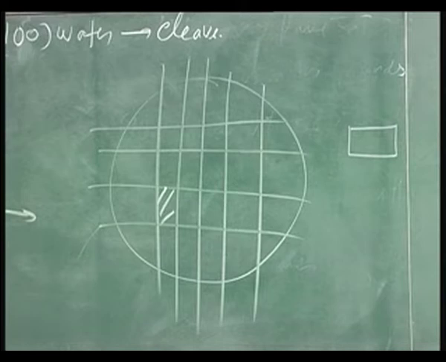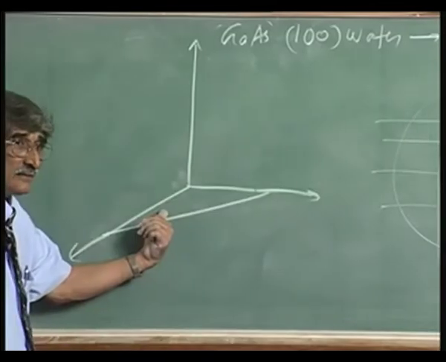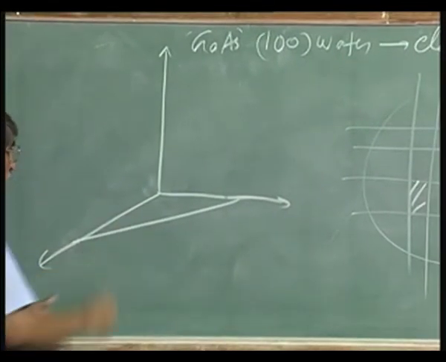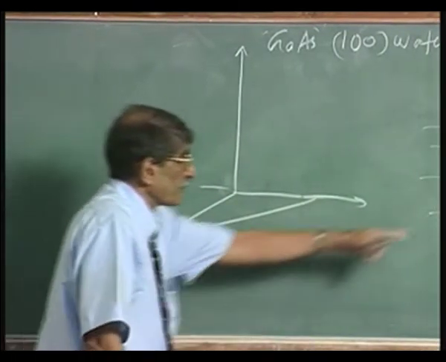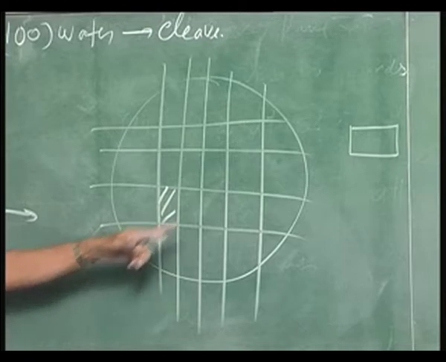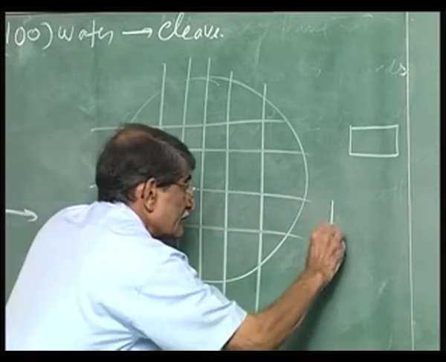Whereas, if you take gallium arsenide and cleave like that along this, the chip will actually be like this.